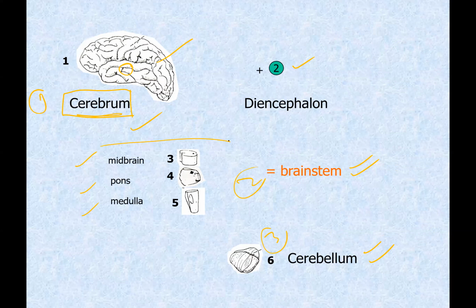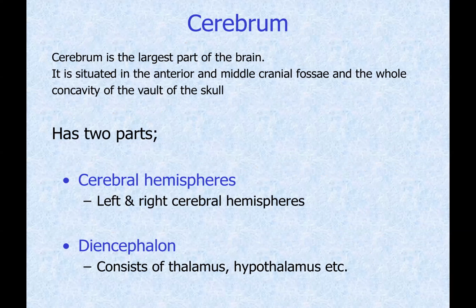There are a lot of clinical problems associated with the brain stem. Then there are clinical issues associated with the cerebellum and cerebrum itself. Once you classify it as cerebrum, brainstem, and cerebellum, cerebrum is the largest part of the brain compared to the other two parts, and it is situated in the anterior and middle cranial fossa.